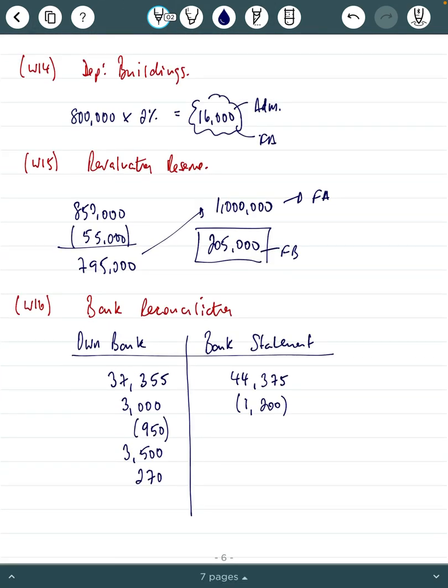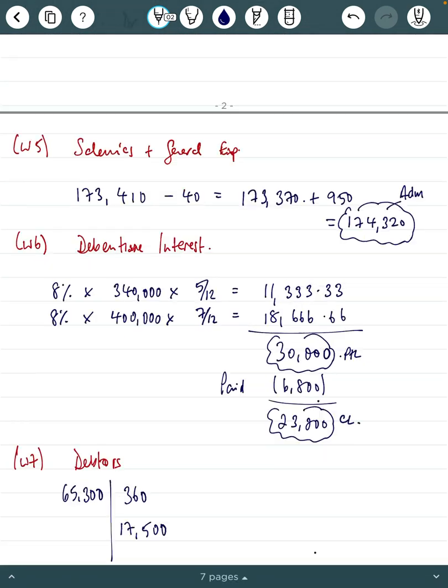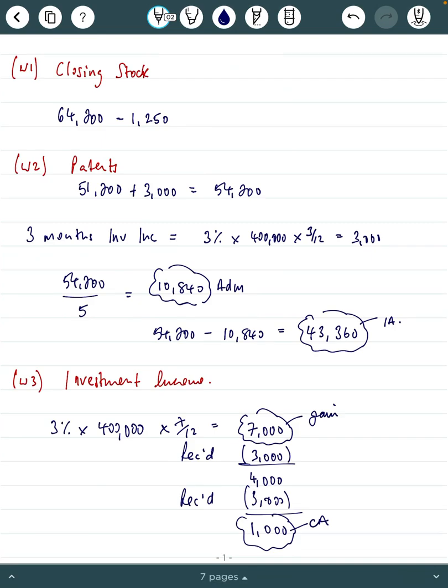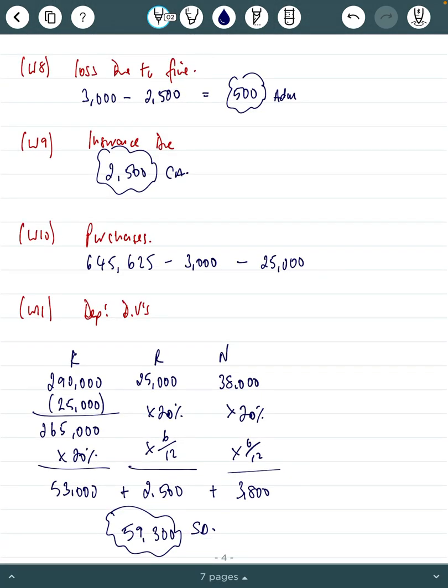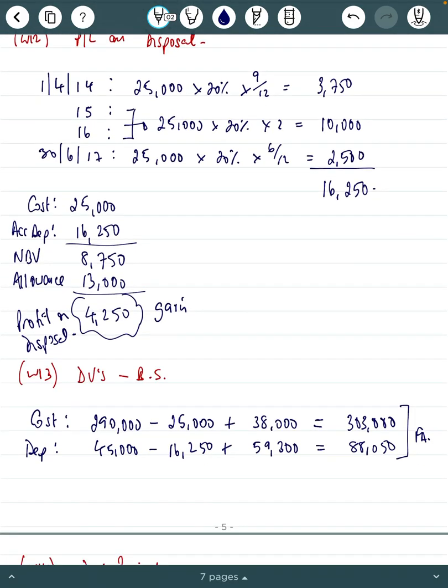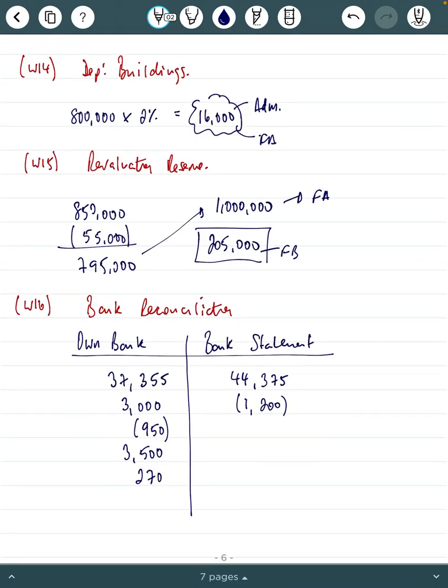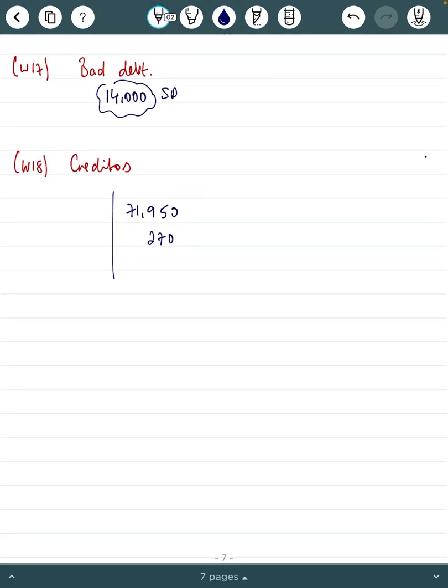So let's go back to your closing stock. We're going to add in an additional €24,000. Okay, let's go to purchases. And we're going to add in an additional €24,000. Okay, and we go to creditors. We'd add in an additional €24,000.